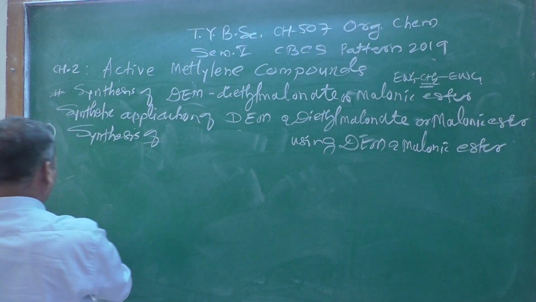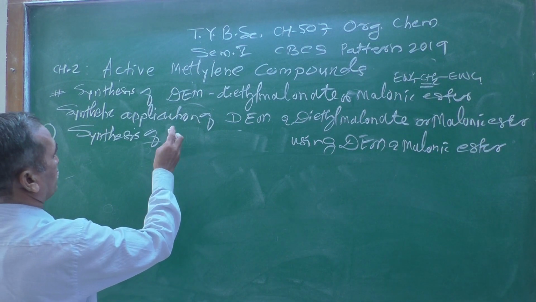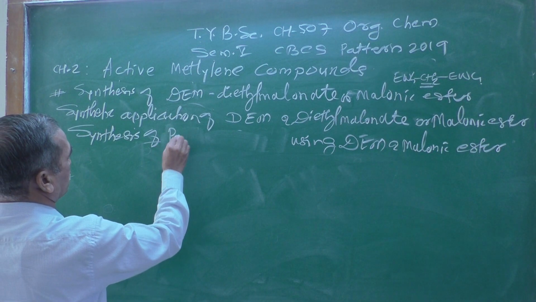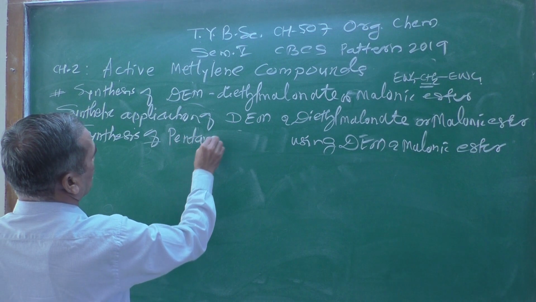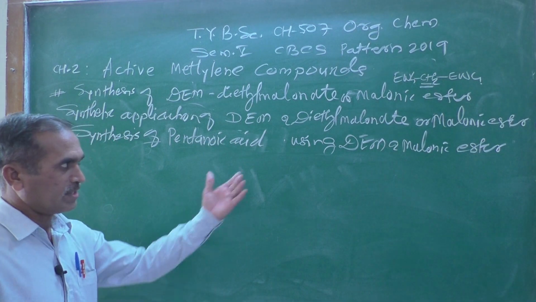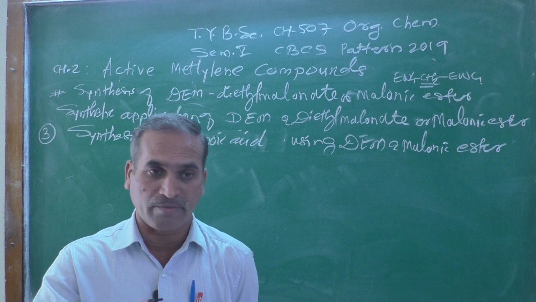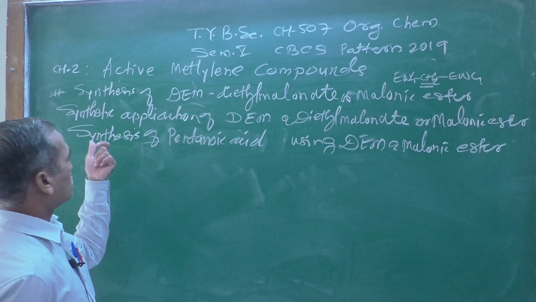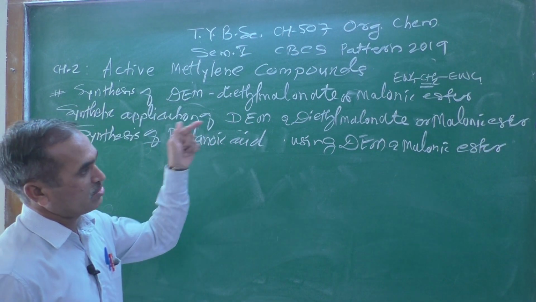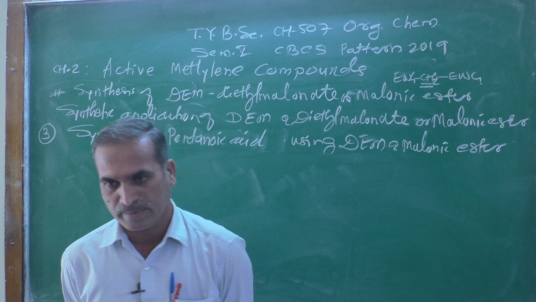As usual, here I am writing the synthesis of pentanoic acid using diethyl malonate or malonic ester, or the other way round, you can say synthesis of pentanoic acid from diethyl malonate or malonic ester.